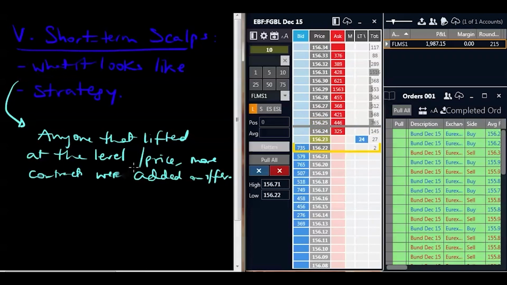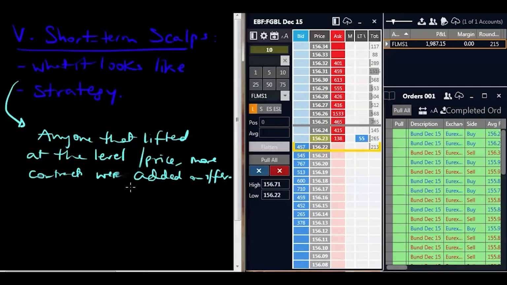So that's one of the main parameters that we see in this particular setup. Every time someone buys into the offer, the seller keeps adding more contracts. So that's the main characteristic that we're looking for.